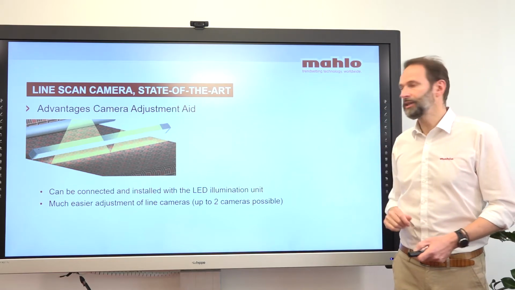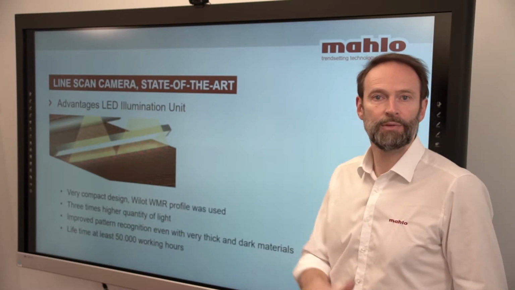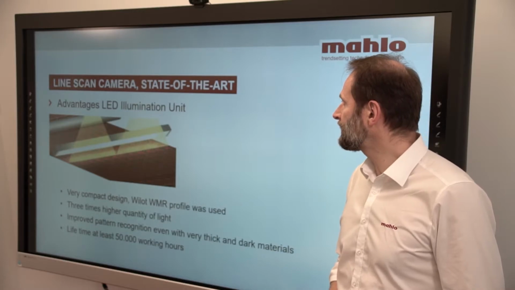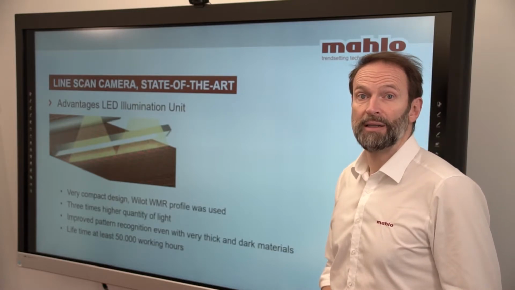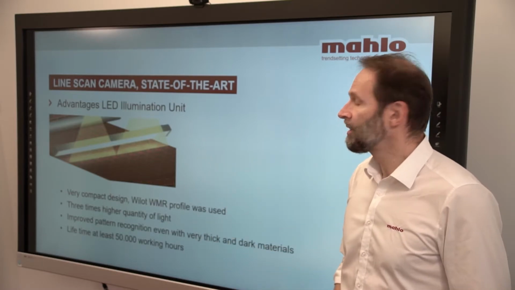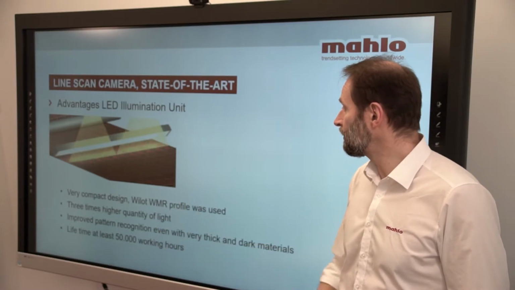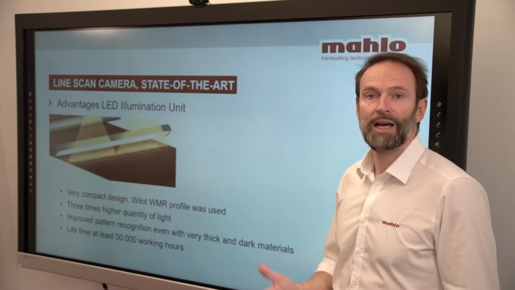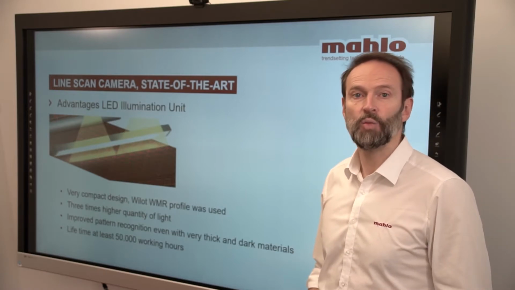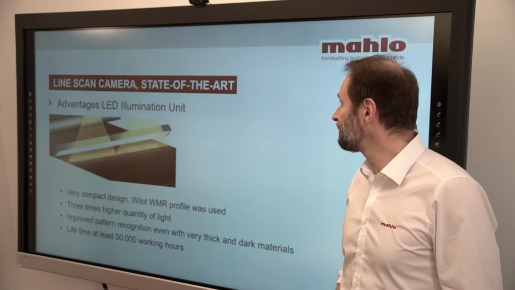The huge advantage is that these LEDs are having a very, very long lifetime. 50,000 hours is really something, and the maintenance that is related to those cameras is also very, very little. So these camera units are a very reliable partner for your production in the long term. And by the way, it also has a very high quantity of light, and it saves a lot of energy as well, because the electricity consumption is lower than with conventional lights.